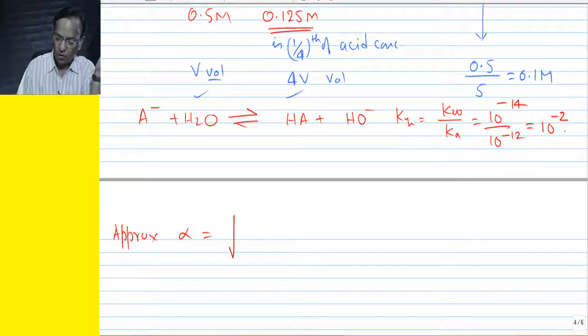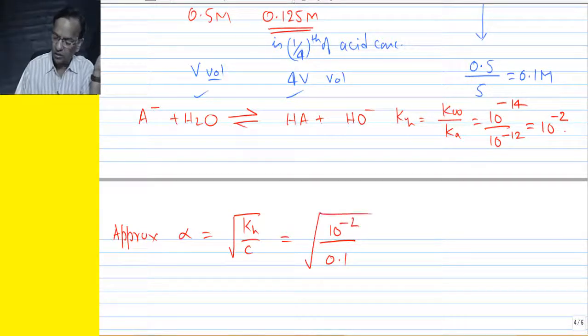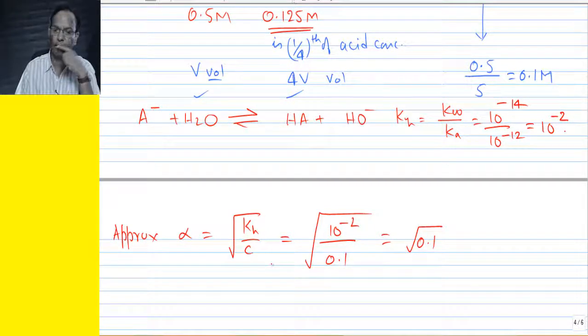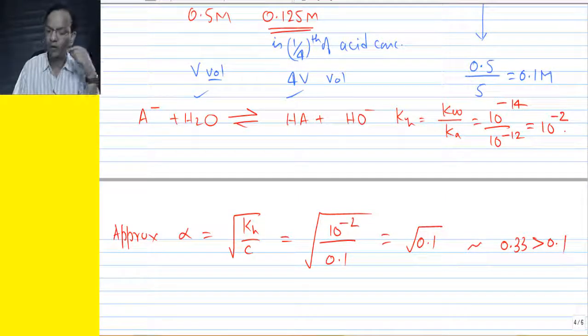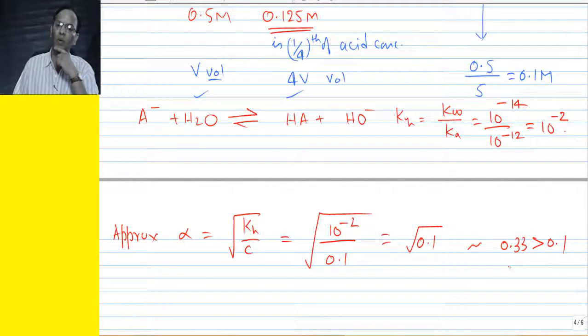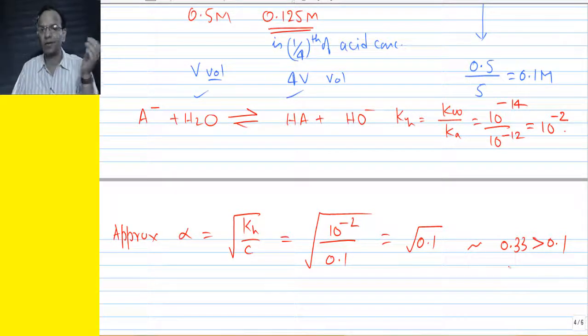Approx alpha is root under Kh upon C. So Kh is 10 raised to the power minus 2, C is 0.1. So it is root under 0.1, approximately 0.33, which is much greater than 0.1. So we can say that alpha is not negligible in this case. So we cannot ignore alpha in comparison to 1.